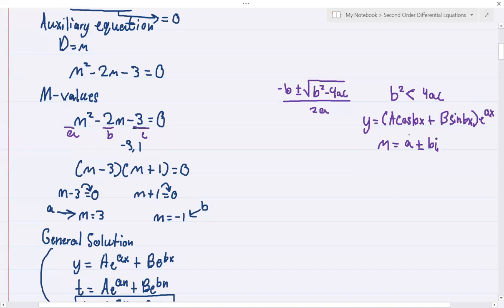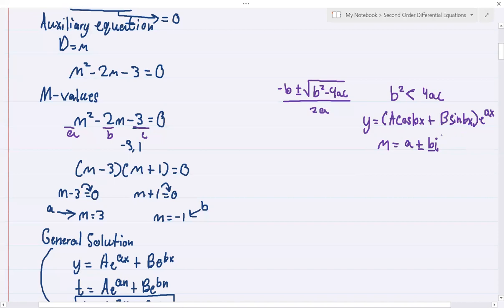So basically, if you have a constant term in here, that would be the exponent of your e. And if you have a constant b, located here, and it is partnered with your imaginary number, you're going to put it as your input in your trigonometric function.